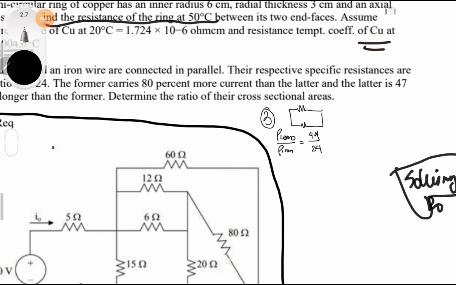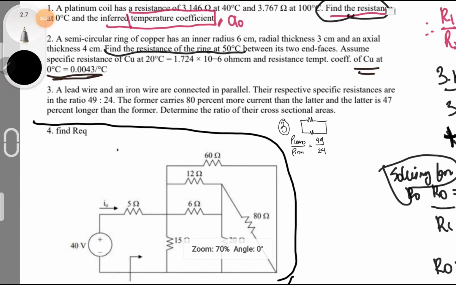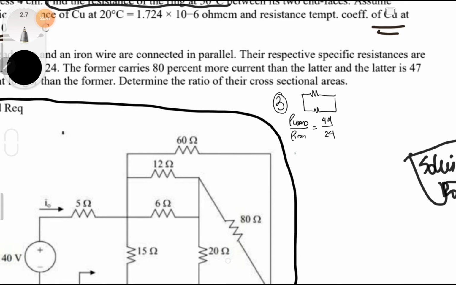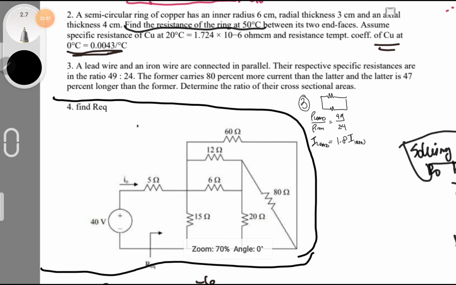The former, which means yung lead wire natin, carries 80% more current. So I lead is equal to 1.8 I iron. Okay? And the latter is 47% longer.